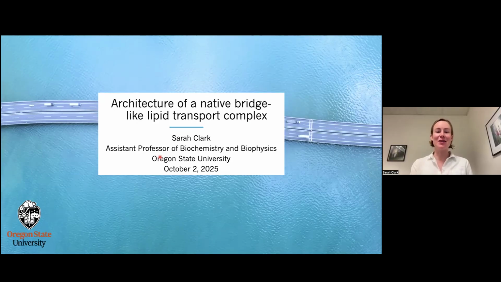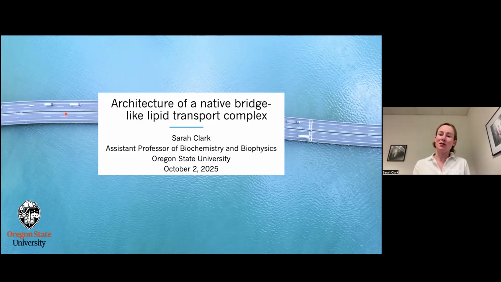I'm excited to talk about our work on bridge-like lipid transport proteins, otherwise known as BLTPs. I like this picture in the background here, which shows a bridge over a very large body of water. You can see large transport trucks moving across the bridge because it's analogous to lipid transport in a cell.